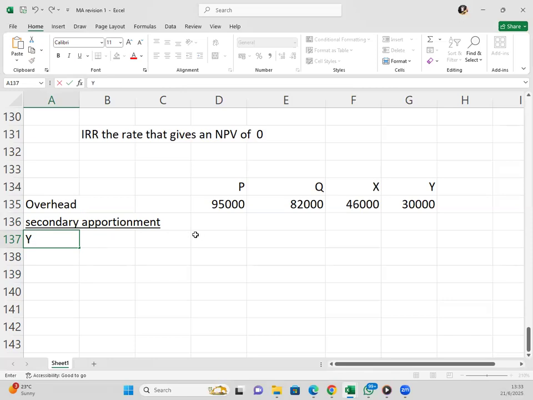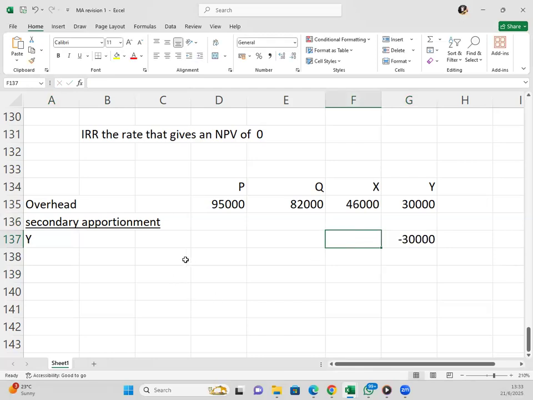If we are apportioning the cost for department Y, it means we are removing it from department Y and we share it among the other departments.